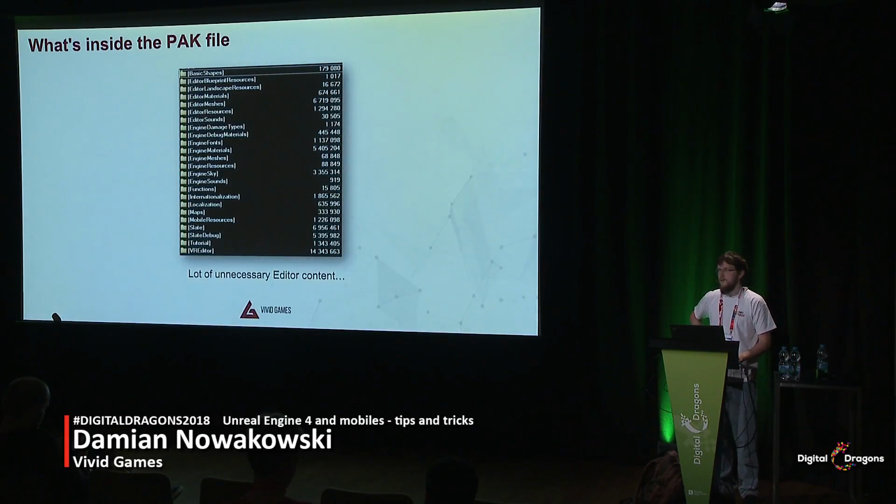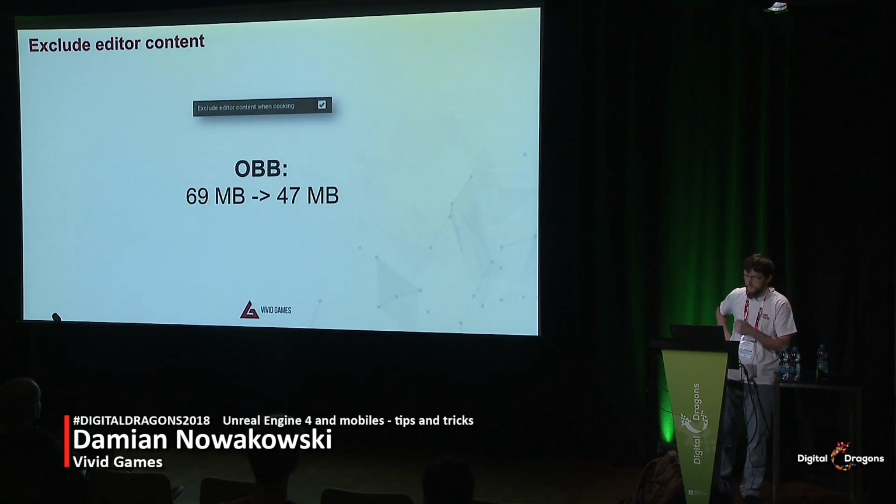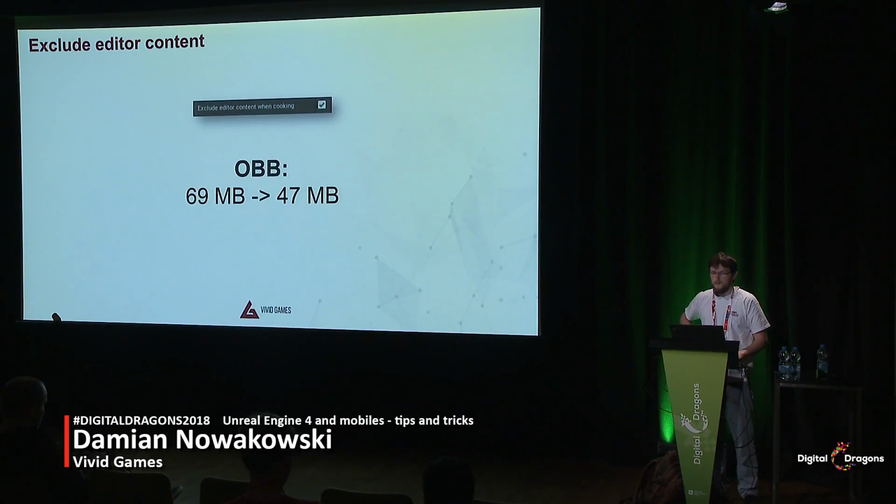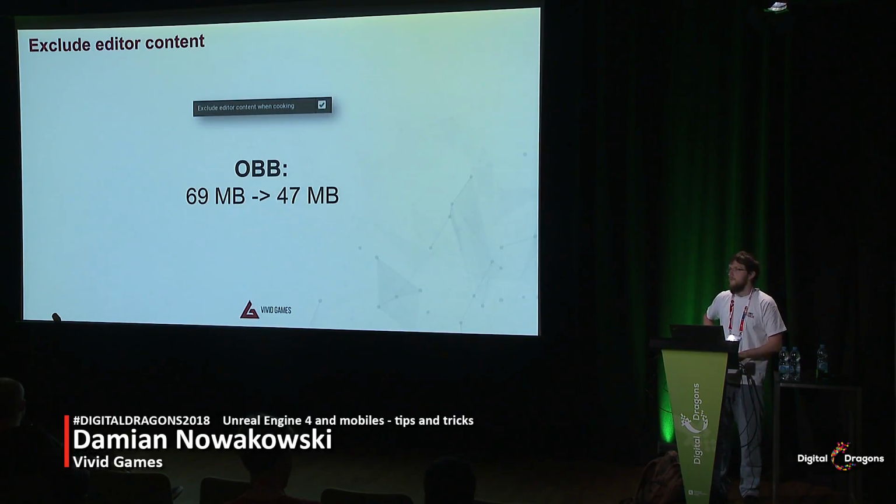And when we extract this PAK file, we just see that there is a lot of unnecessary editor content, like editor materials, editor sounds, etc. Luckily, there's the option for it inside the Unreal Engine settings. There's the exclude editor content when cooking.